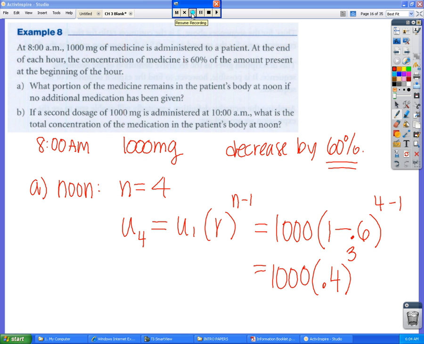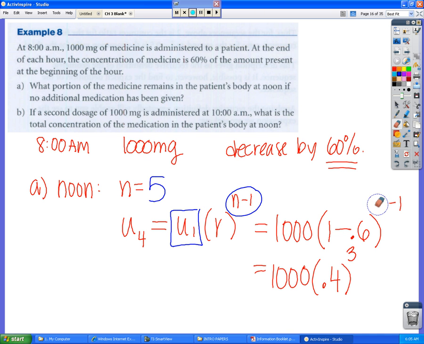As I'm sitting here looking at this, I just realized that since we're starting with 1,000 milligrams, my n should actually be 5, and I'm sorry about that. I'll do it in a different color. The reason being, if n was 1, this would actually give me an exponent of 0. Anything to the 0 is 1, so I'd be left with u sub 1. So that tells me that my n value should actually be 5 and not 4.